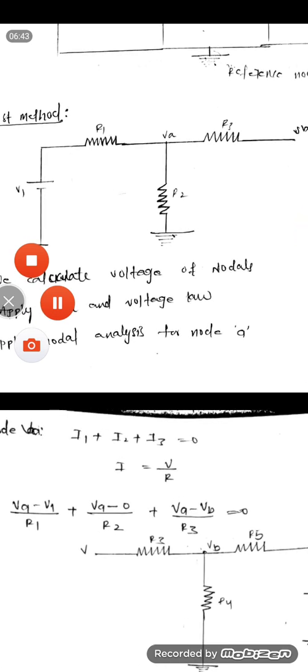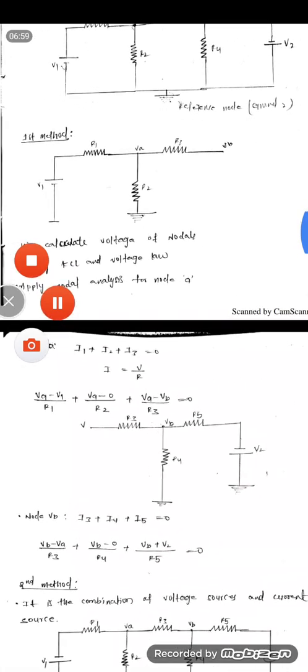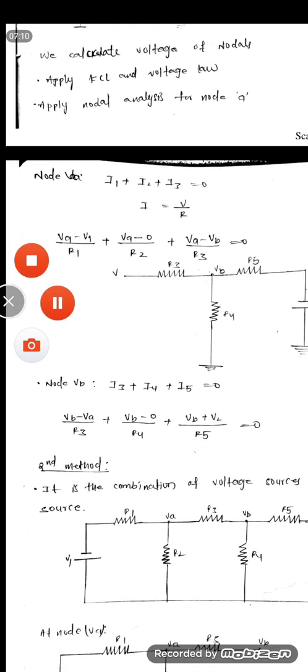At node 1 we have three currents: the current due to V1, the current passing through R2, and the current passing through R3. My assumption is that all the currents are leaving the junction, so all are positive, and the summation of all the currents is equal to 0. So I1 plus I2 plus I3 is equal to 0.